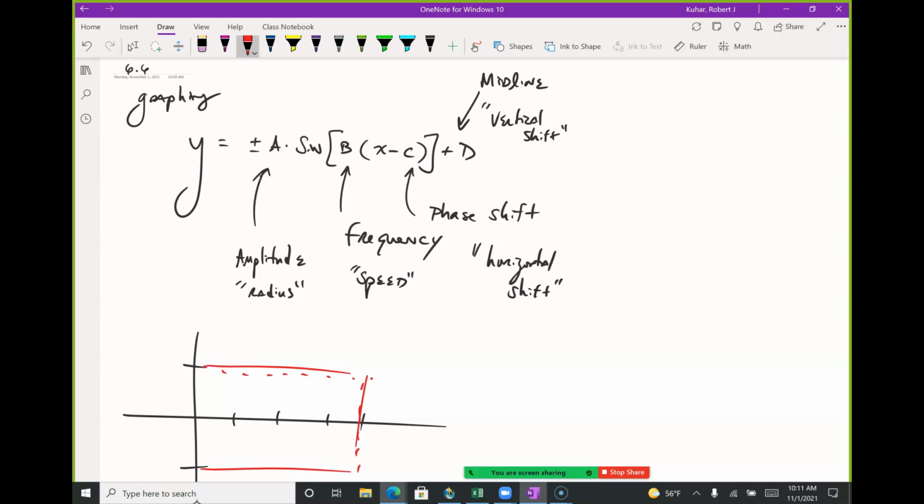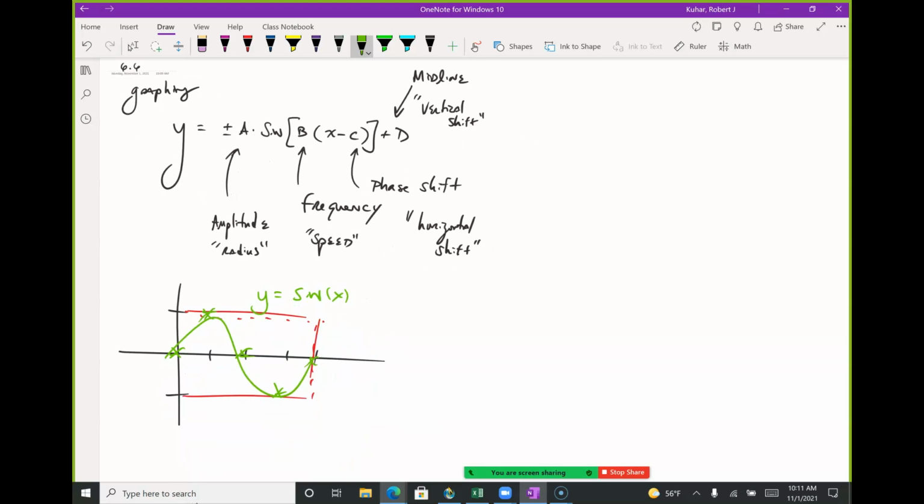And of course we know 0 to 1 to 0 to -1. We know the picture of the sine function. So this is y equals sine of x. But I'm really trying to picture the dimensions of this box. And I'm going to get the dimensions of the box from these guys.